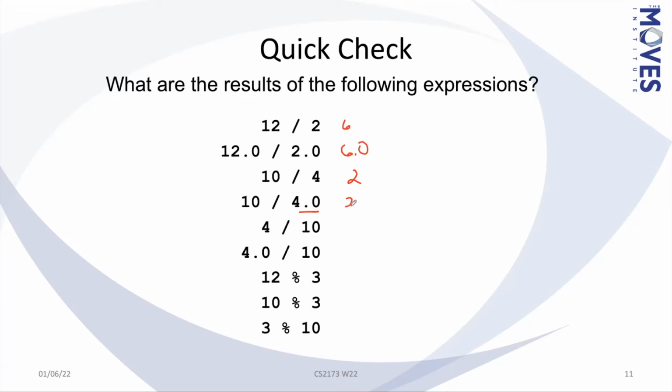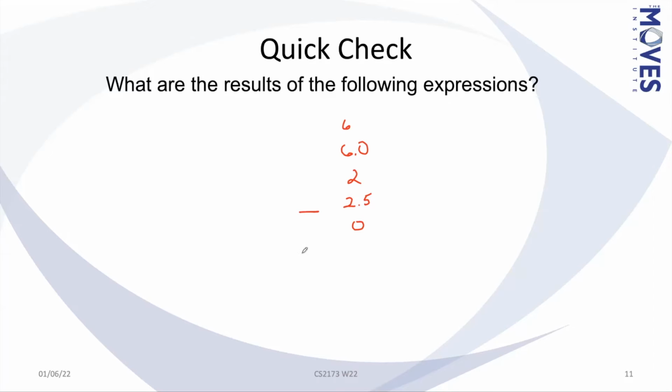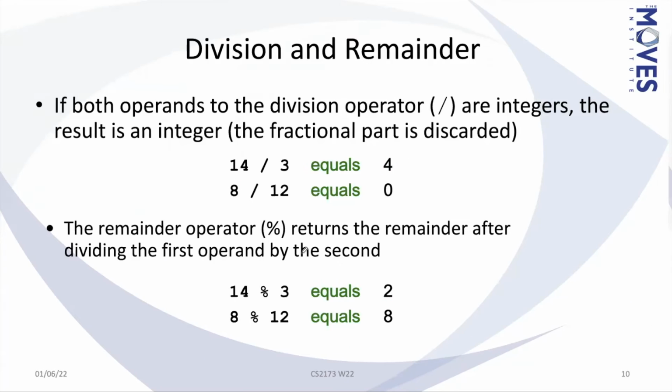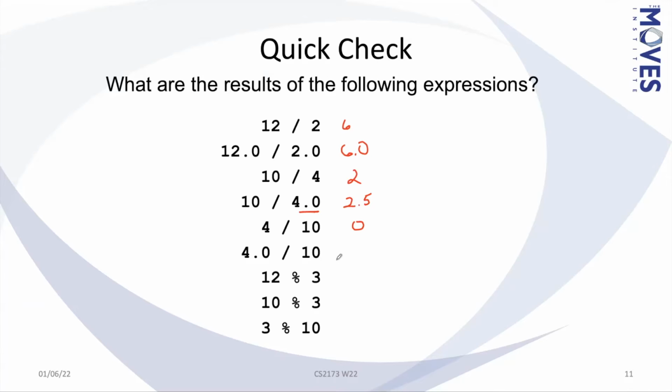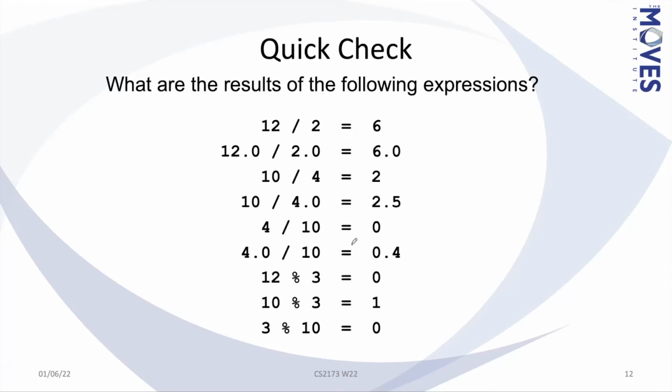So that would be 2.5. 4 over 10 would be 0. 4.0 over 10 is a floating point. Again, remainder works too.